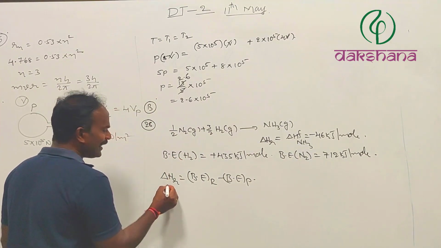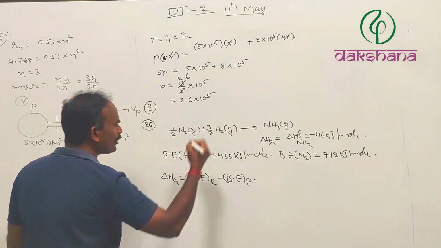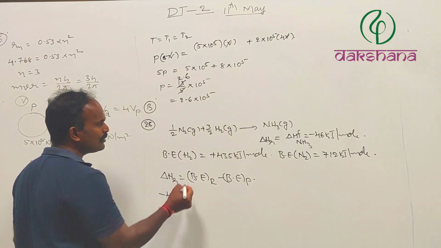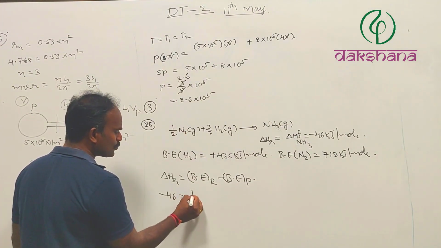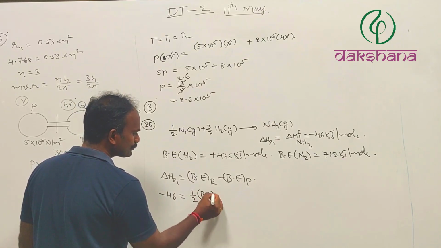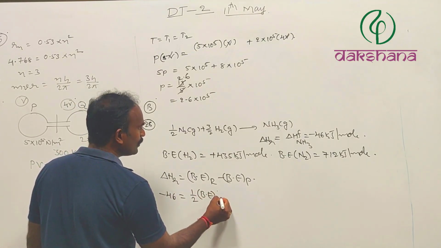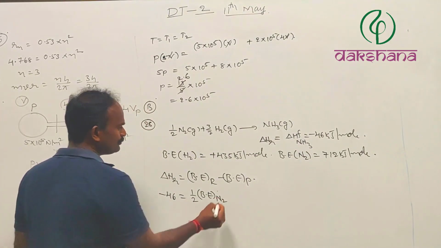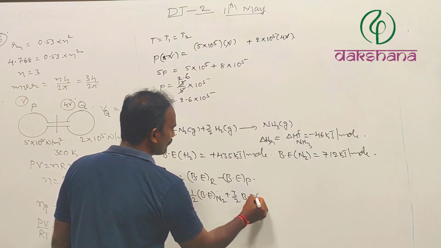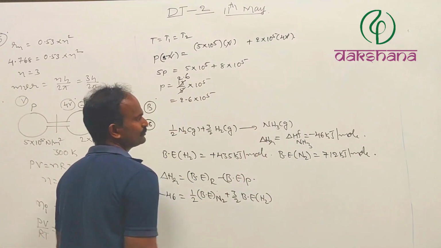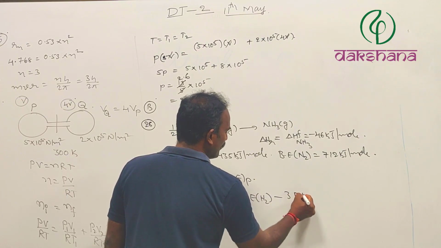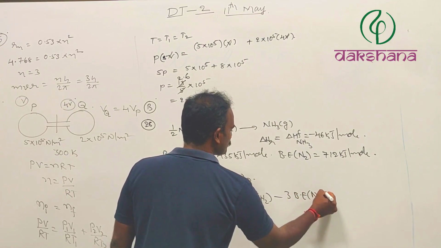Bond enthalpy of reactant: the enthalpy of this reaction is equal to the enthalpy of formation of ammonia, that is minus 46. That is equal to the bond enthalpy of reactants, 1 by 2 bond enthalpy of N2 plus 3 by 2 bond enthalpy of H2 minus 3 into bond enthalpy of NH.